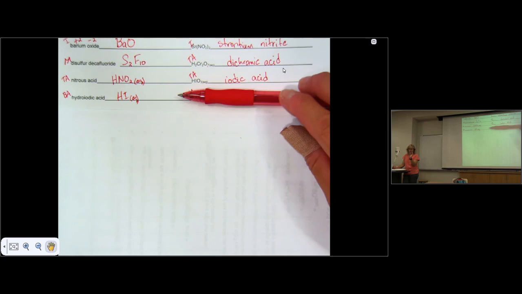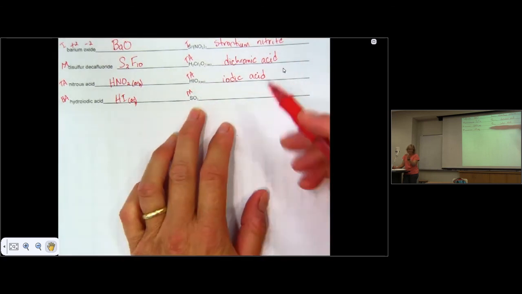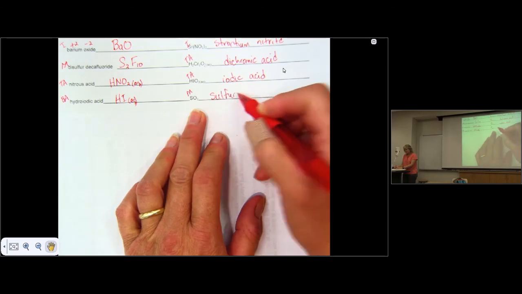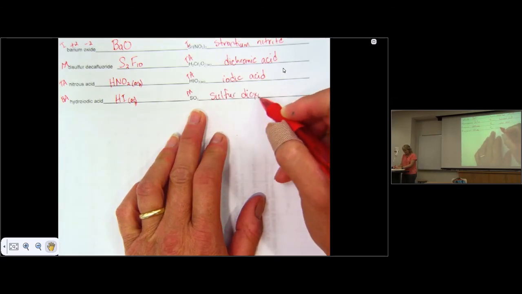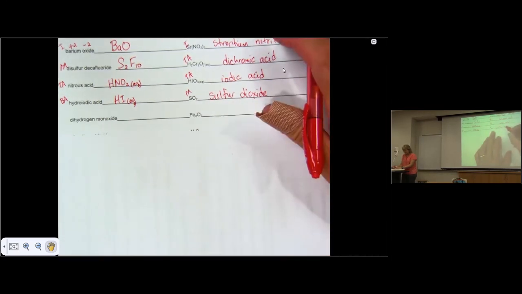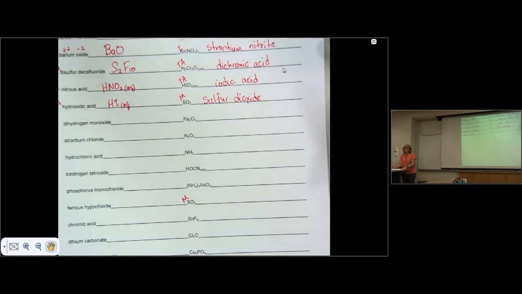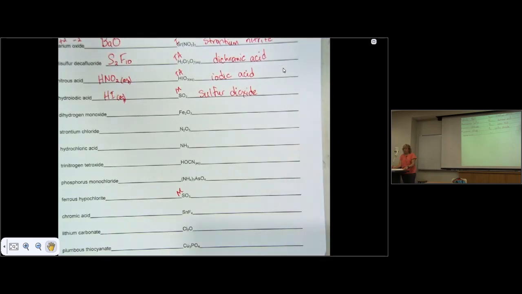You say a longer name, but it's fewer letters. Okay? And then this one, sulfur dioxide. Sulfur dioxide. Does that help any at all? Were there any questions on this that you didn't understand? Go ahead.